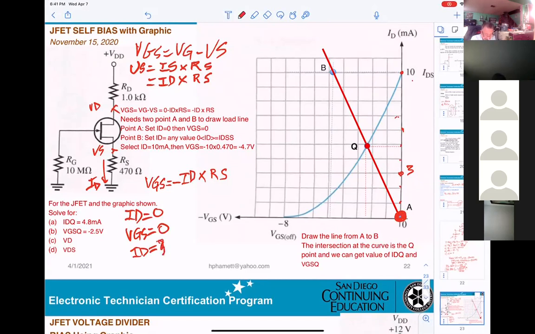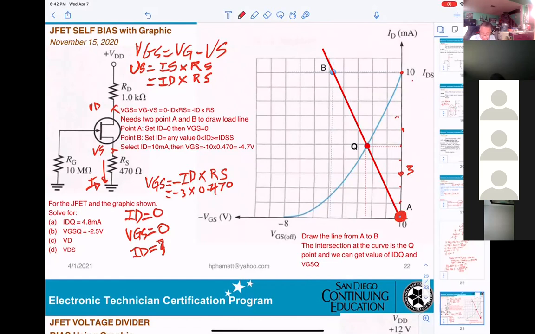Now if ID equals 3, what we need to do is get the VGS. So minus 3 times RS, which is 0.47. That's how you can get the VGS, the second point.